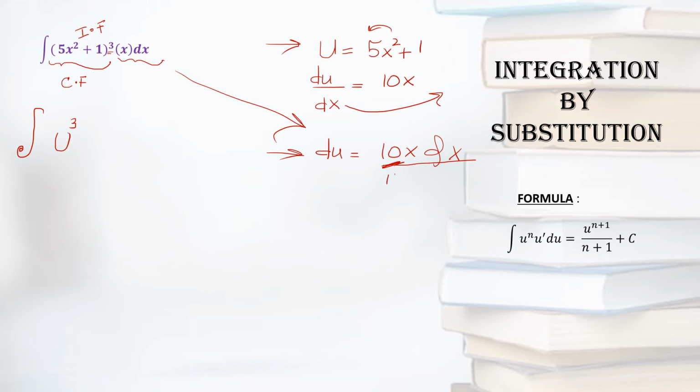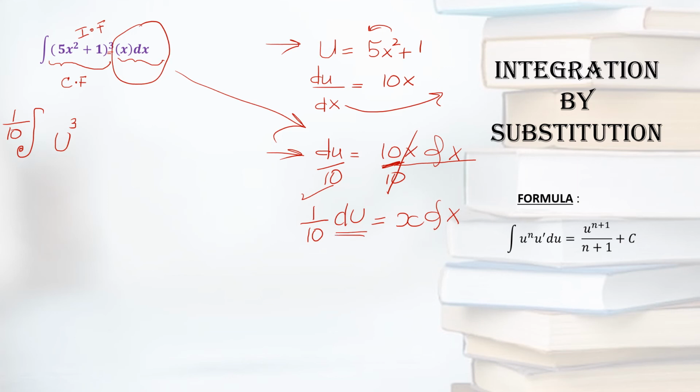So divide both sides by 10. So du over 10 can be written as 1 over 10 du. So this x dx in the quotient can be written as 1 over 10 du. 1 over 10 is a constant, so always write it before the integral sign, and du is the operator of the entire derivative, so write it at the end of the question.